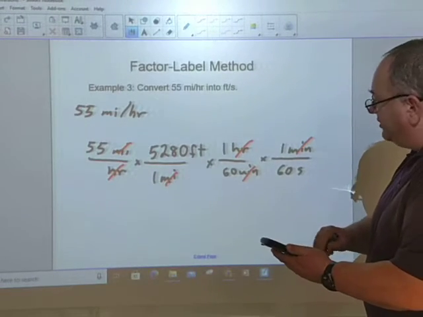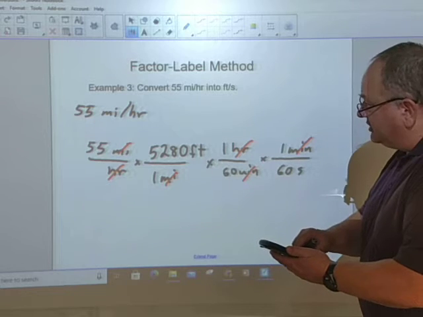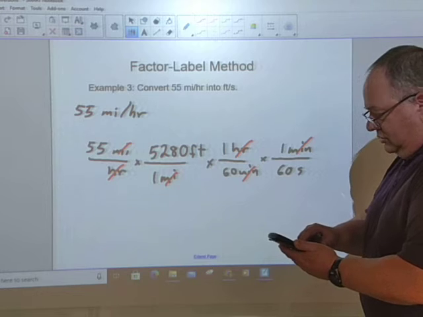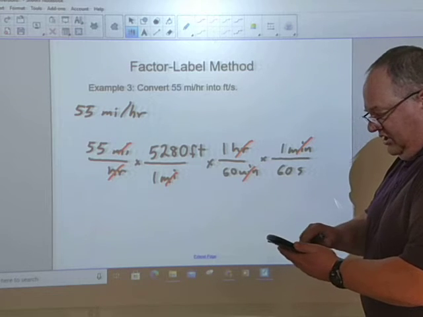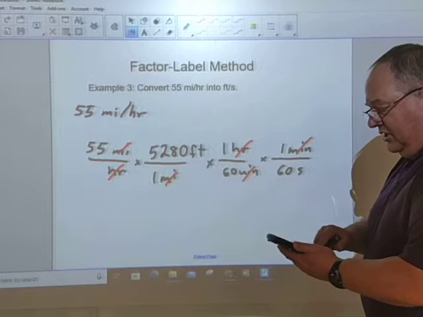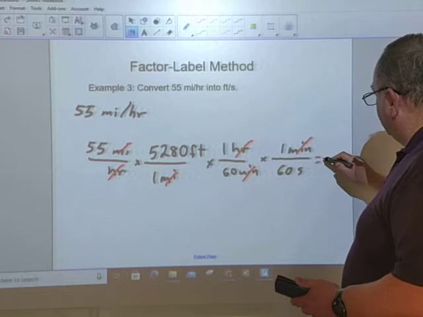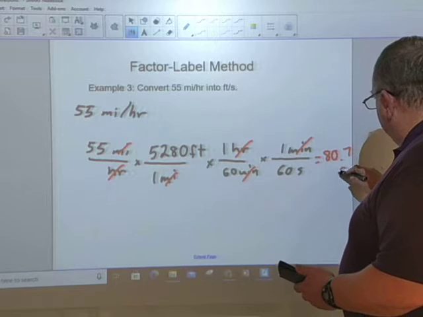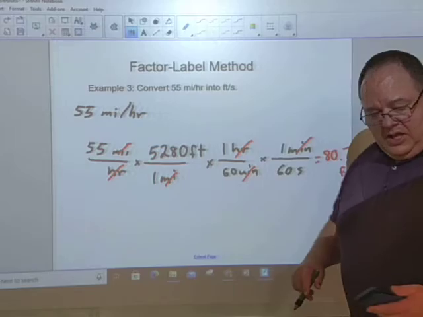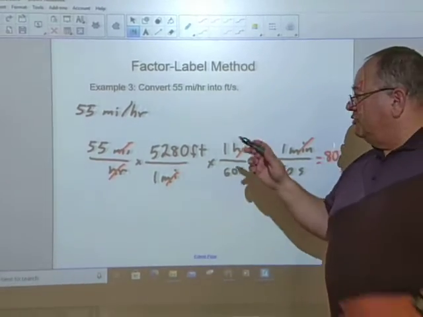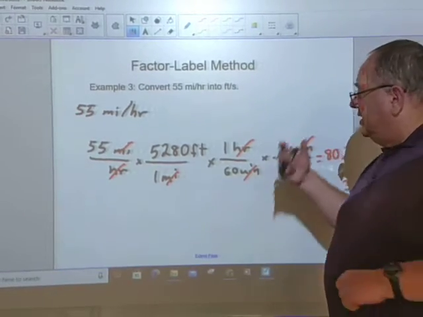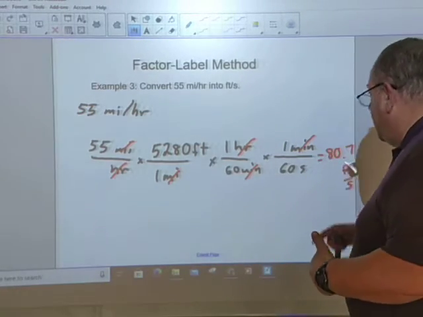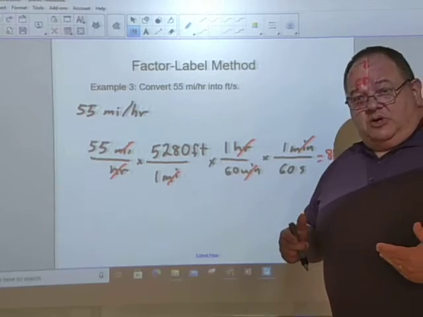I'm going to punch that into the calculator. 55 times 5280 divided by 60, divide again by 60 equals 80.7 feet per second. Okay? Now, I sincerely hope that as I'm doing practice problems, you have a calculator and you are punching these in too to make sure that you're getting the same thing. Because if you're not getting the same thing, you're making a math error somewhere.